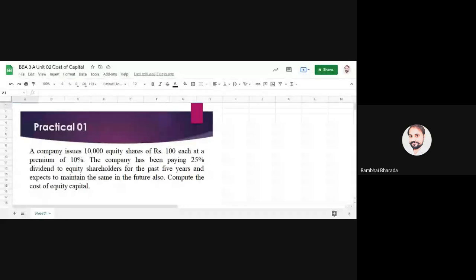Believe me, the practical questions will take hardly 2 minutes. Within a minute, you will get the answer, but the condition is a must: you have to be ready with the formula, you have to be ready with the calculator, and you must have knowledge about how to do the calculation. Okay. So now the first practical question.